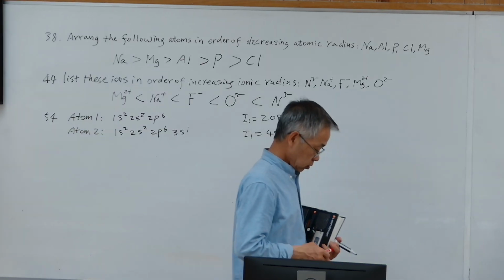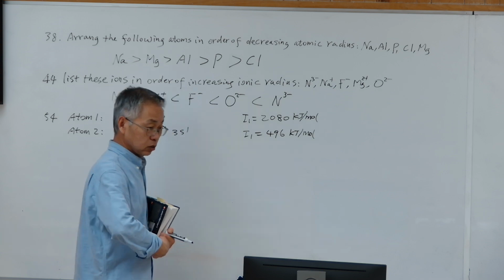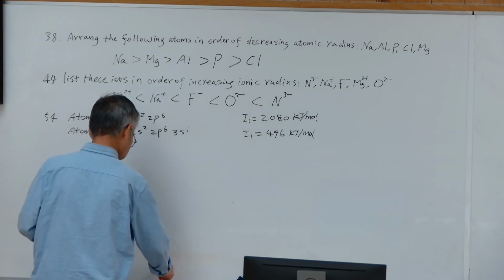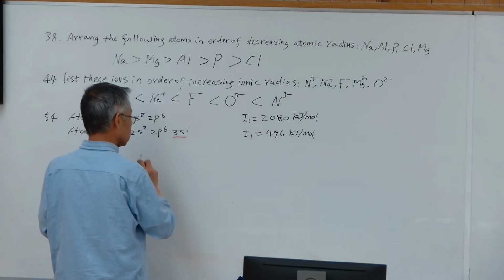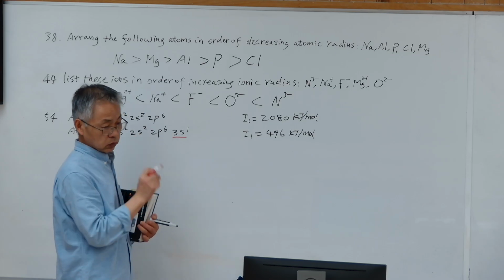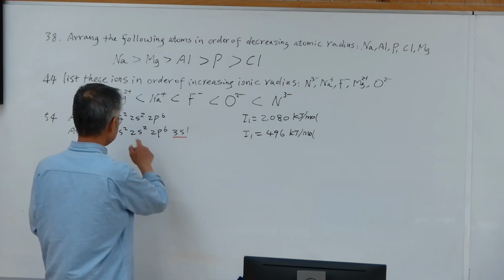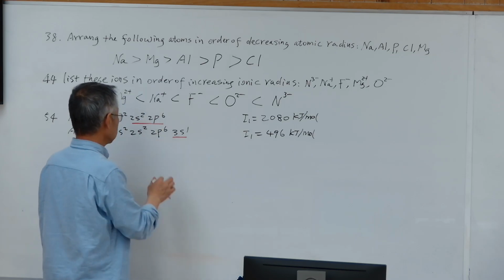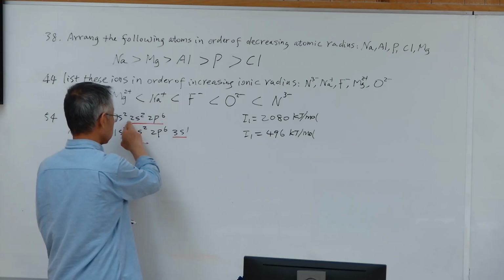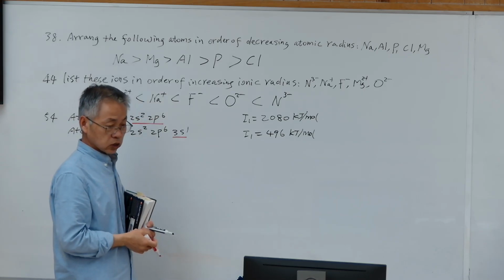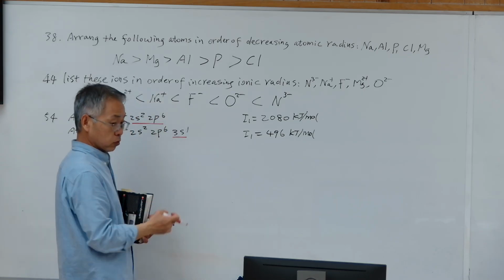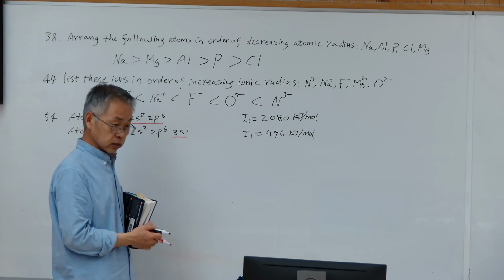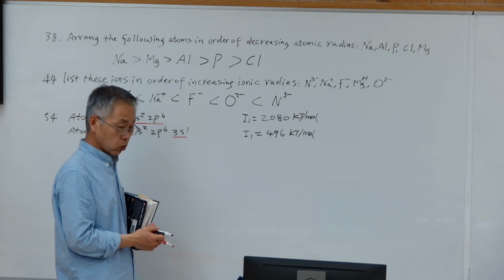Take a look at the outer electrons. You always lose outer electrons. Outer for this one is 3s1, 1 electron in the 3s orbital. And for this one, shell 2 is outer, 2s2, 2p6, which is already full. This is a noble gas in group 8A, doesn't want to lose.